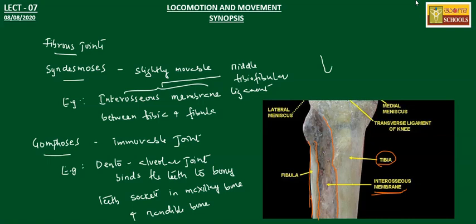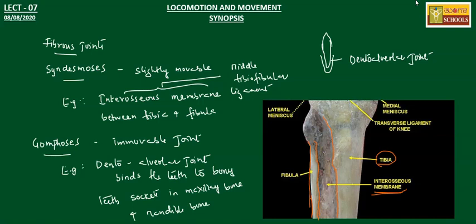The sockets which fit into that will be the teeth. So here, that socket and the teeth, the joint between them is what we call the dentoalveolar joint. So that's all about the types of fibrous joints.